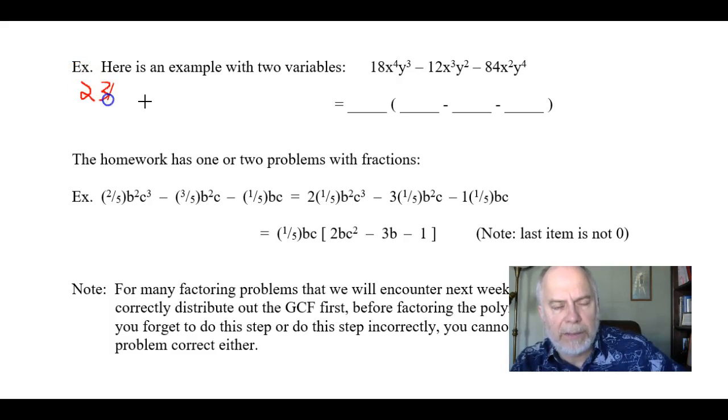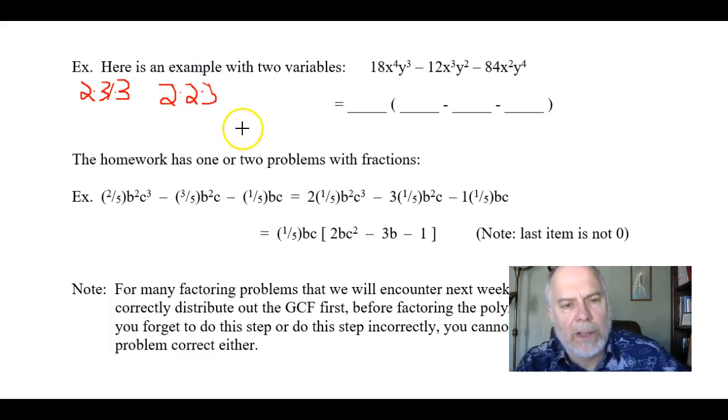So basically the prime factorization of 18 is 2 times 3 times 3. 12 is 4 times 3, so that's 2 times 2 times 3. All right, and then last of all, 84.